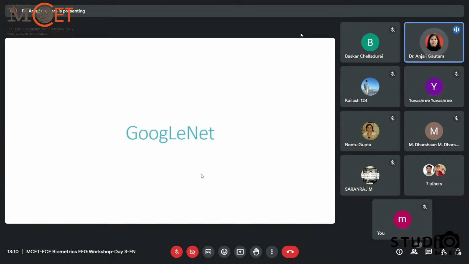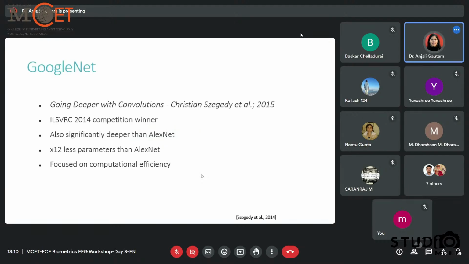Now, let's say GoogLeNet is also there. Many people used to call it Inception, that one model. As the name suggests, it was developed by the Google team under the leadership of Christian Szegedy et al. in 2015.